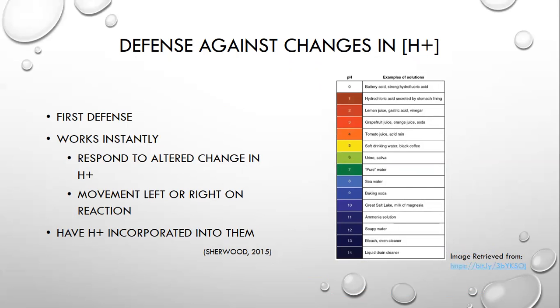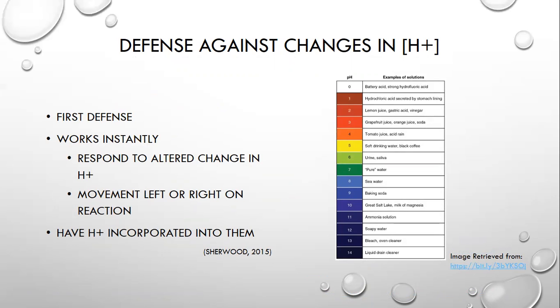Therefore, when any of these buffers see an altered change in hydrogen ions, the reversible chemical reaction will move either left or right, depending on if there is an increase or decrease in hydrogen ions present. These chemical buffer systems are known as the first line of defense because they respond first.